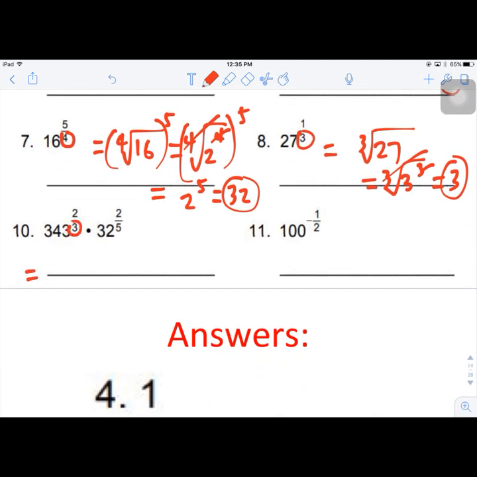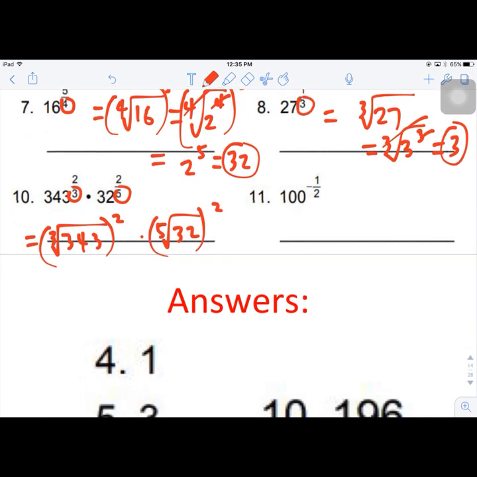And we have the cube root of 343 raised to the second power, and then 32 to the 2/5. That means it's the fifth root of 32 to the second power. So let's rewrite the bottom, and we know that 343 is actually 7 to the third power, and then 32 is actually 2 to the fifth power.